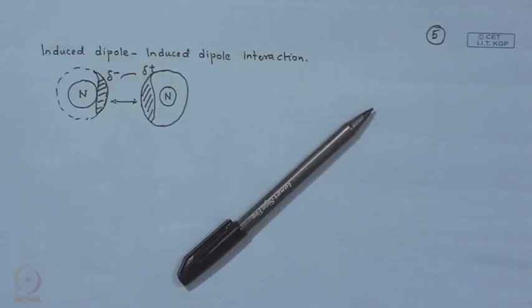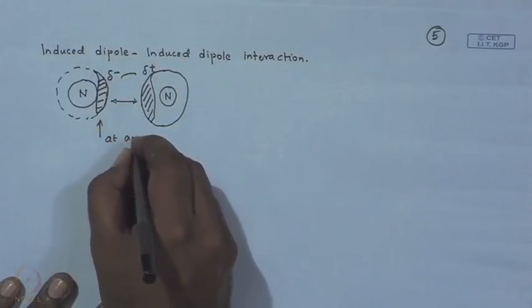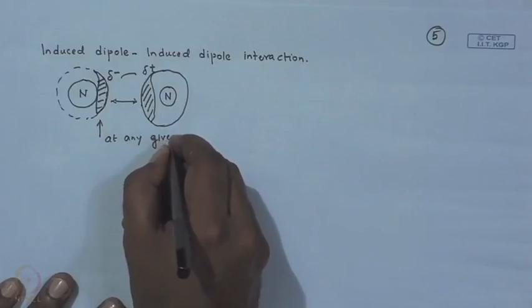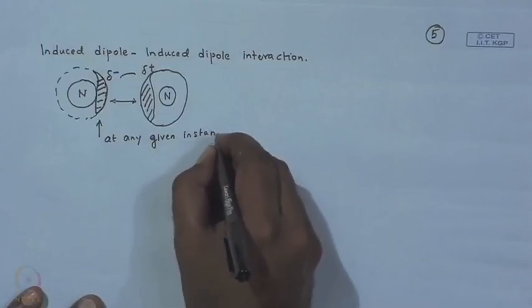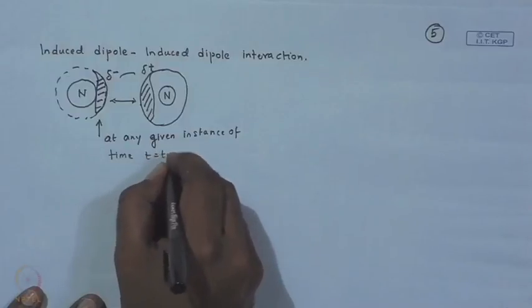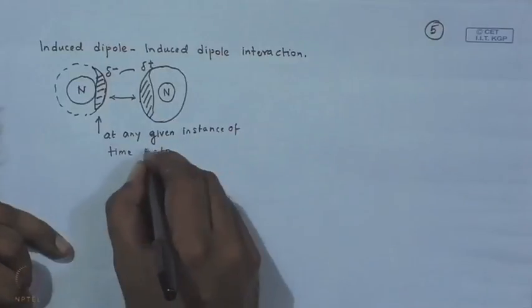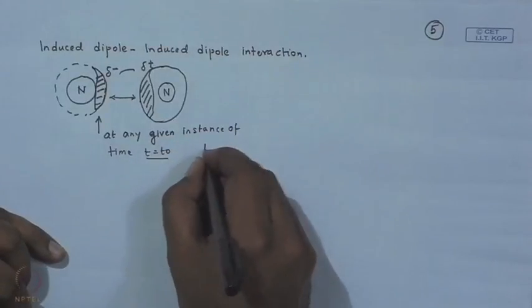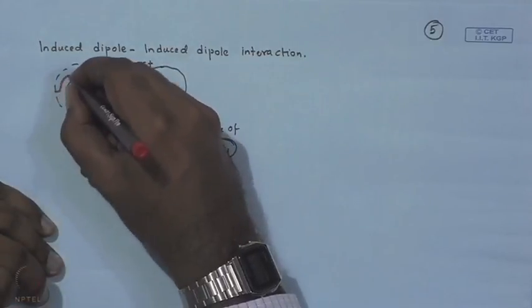But this attraction does not result in any permanent attraction or bonding, because this charge localization is valid at any given instance of time, t equal to t 0, and the very next moment, at t equal to t 1, the position of the charge localization changes.